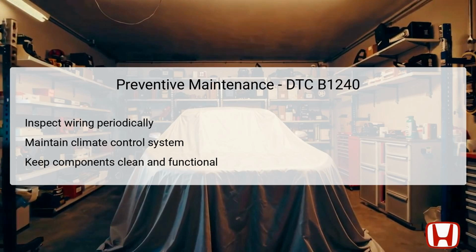Furthermore, maintaining the climate control system through periodic checks ensures all components remain clean and functional, contributing to the reliable performance of the air distribution system. Keeping an eye on the operation of the climate controls and attending to any unusual behavior promptly can also mitigate problems. This proactive approach will enhance the lifespan and efficiency of the climate control system in your Honda CR-V.